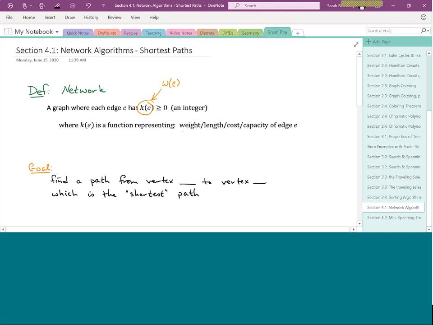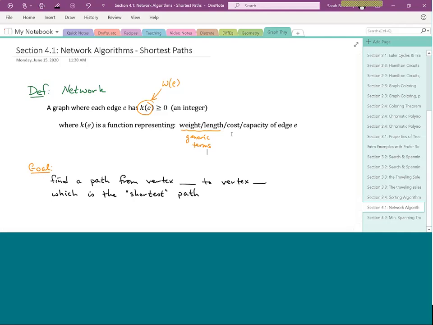So these two are typically generic terms. Your author in section 4.1 deals with length, and that's his generic term. Now, this number attached to your edge can also represent cost. That's what we did with our traveling salesperson problem. We were technically dealing with networks.